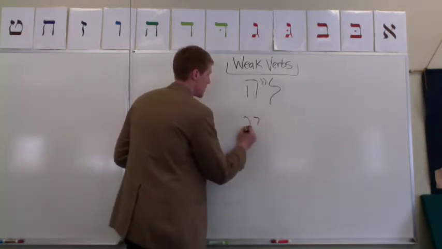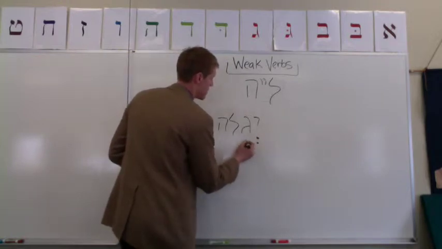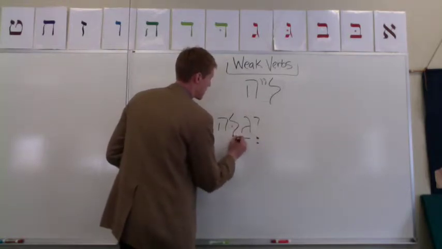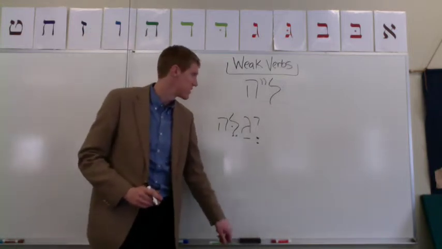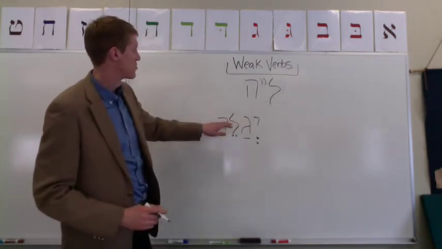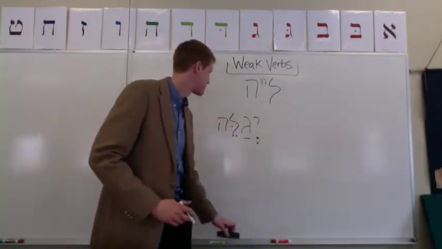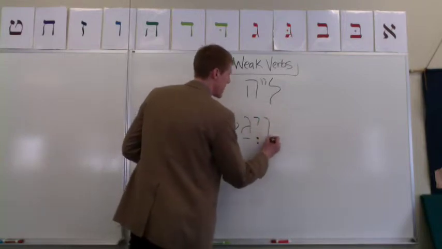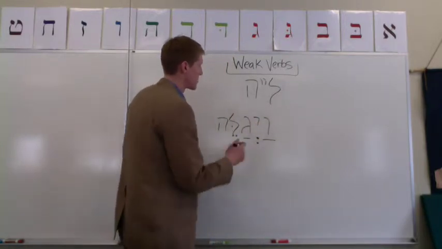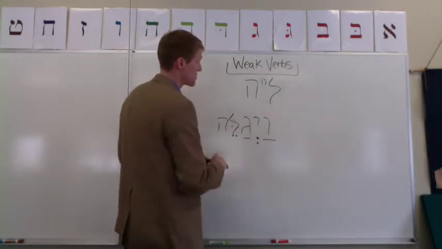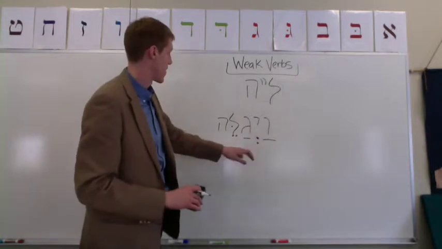Yigale. Okay, this is a nifal, third masculine singular imperfect. Yigale from the root gimel lamid hey, which is to uncover or to go into exile. When you add your vav and patach for the vav consecutive, this also doesn't take a dagesh in the prefix because of the shava of the prefix.